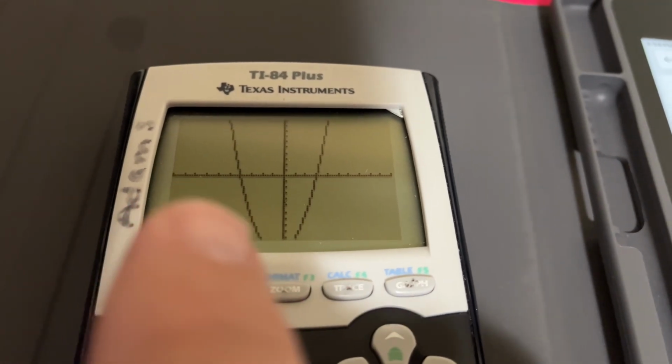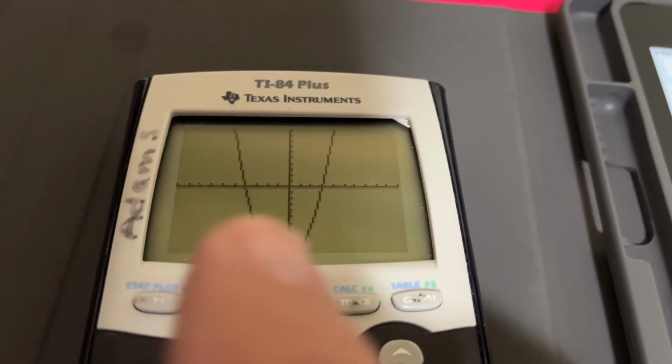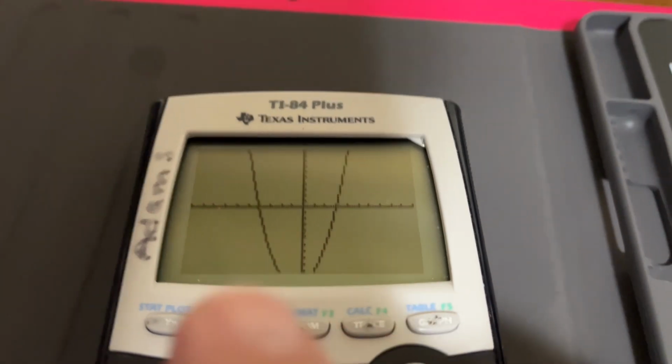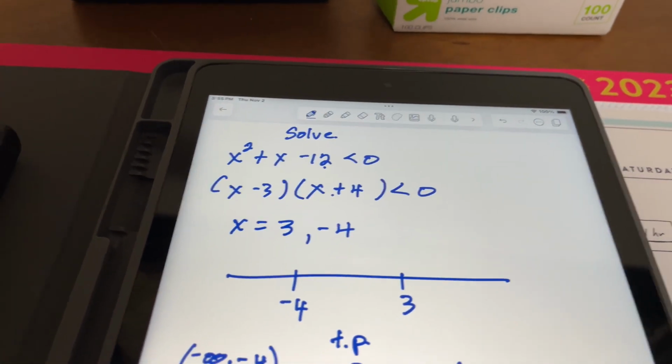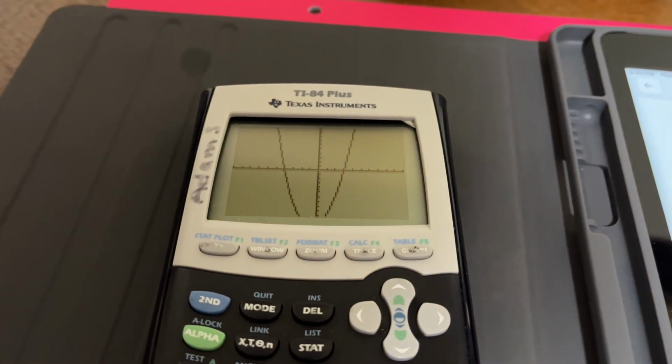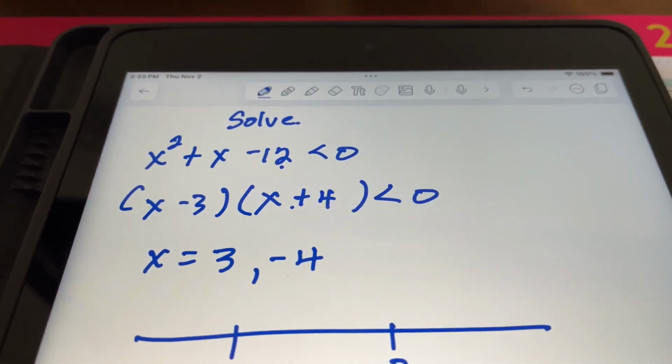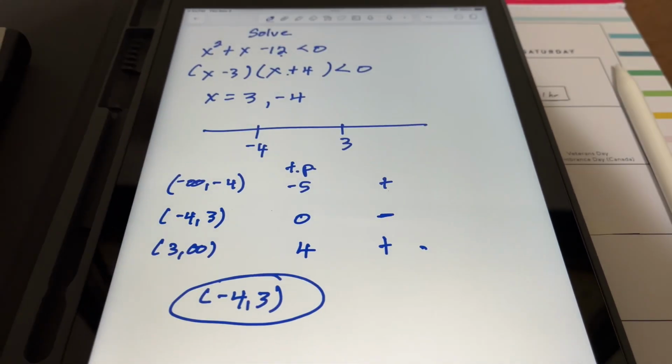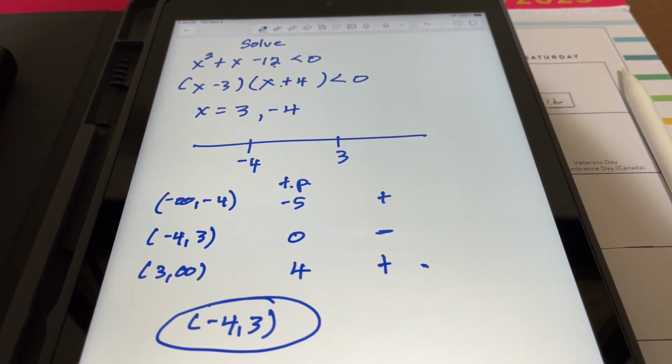It's below the x-axis from -4 to 3. So this is an alternative way of doing this kind of problem. This is a graphing method where you're looking at the x values for which the graph is below 0 because it's less than 0. And then this is a way to do it without graphing, just to do it algebraically.